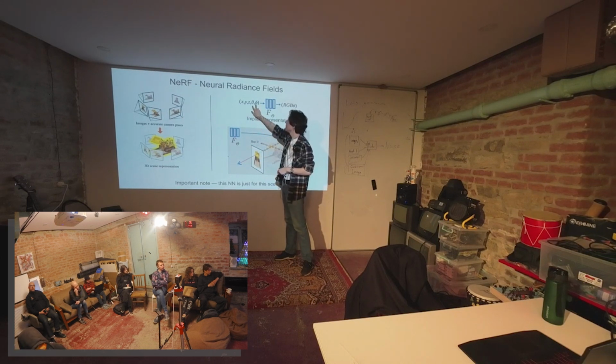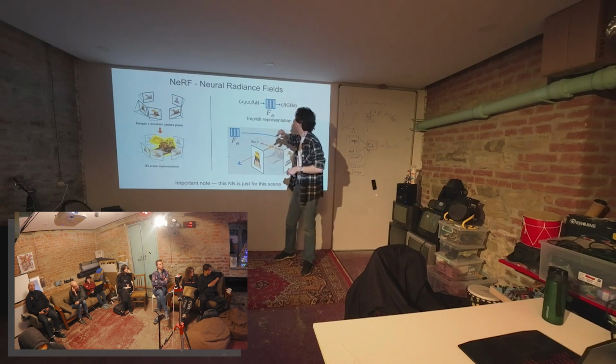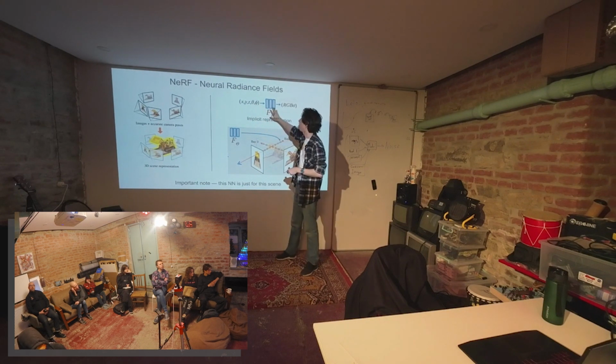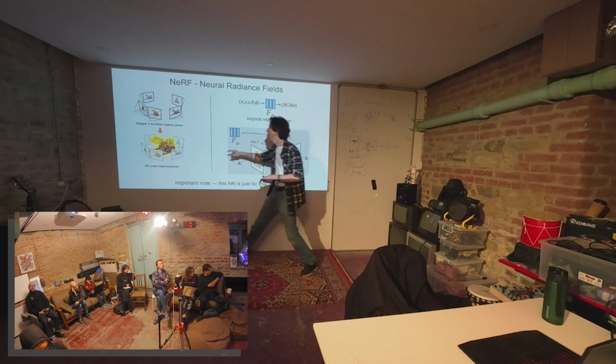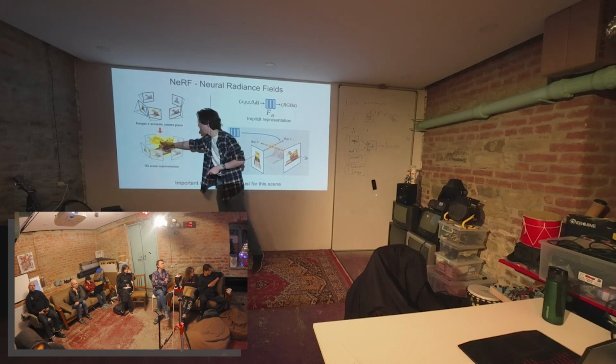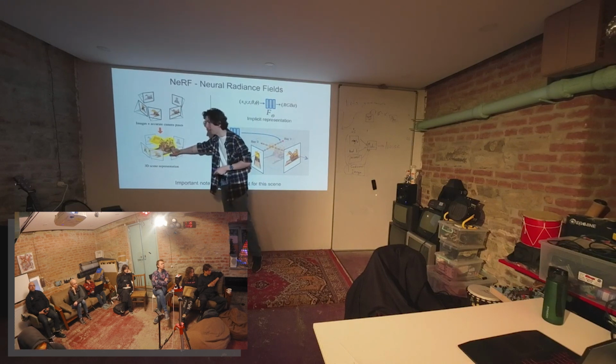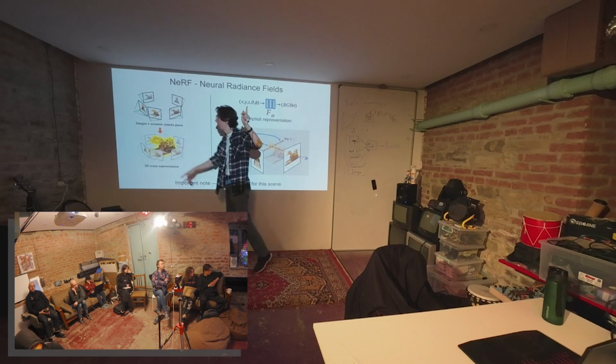This is the spherical coordinates of a vector. They are fed into this function, and on the output the function gives the RGB color of this point. For example, on this part of the truck, the color is yellow. On this part of the truck, it's black. So if I had a point here, the function would give me black. If I had a point here, the function would give me yellow.